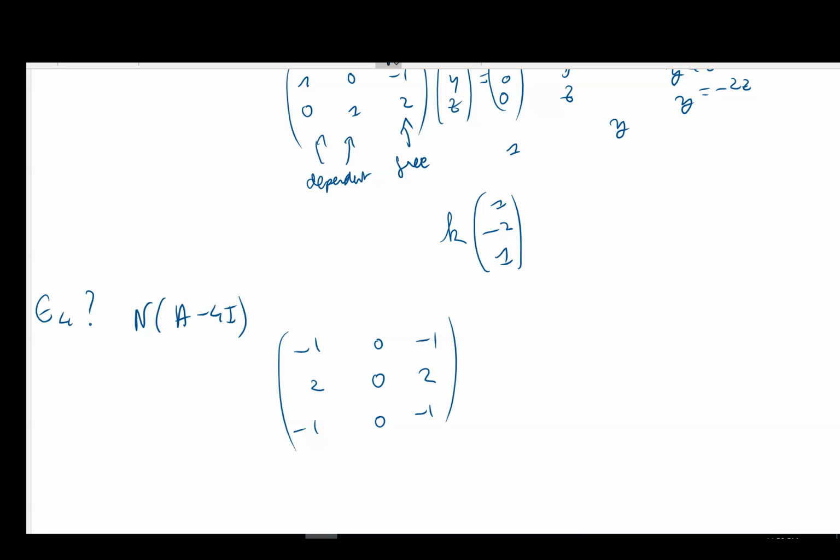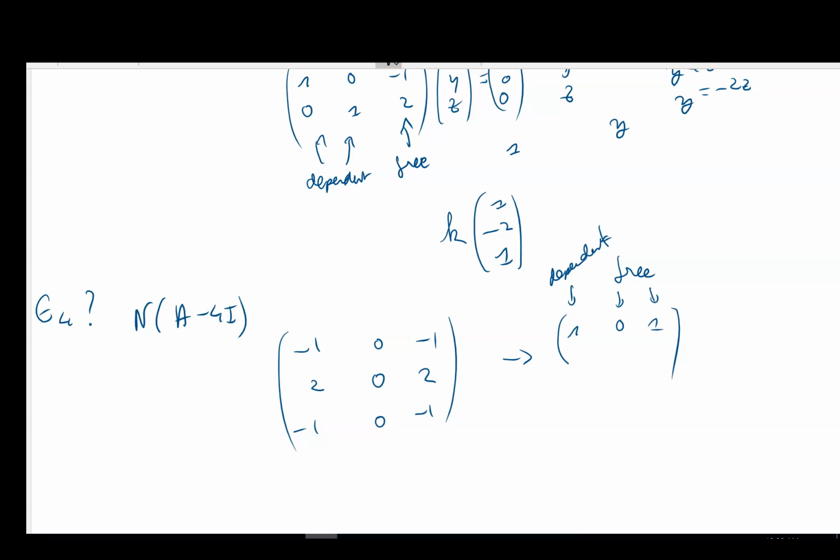Why? Because the reduced row echelon form of this is just going to be 1, 0, 1. One single row, right? So I've got only one pivot, so I would have two free variables and one dependent variable.